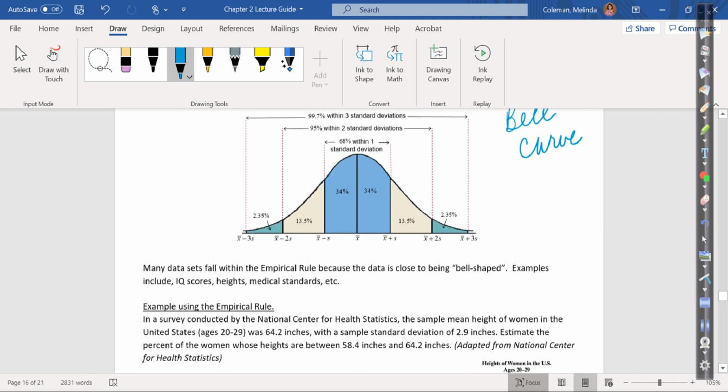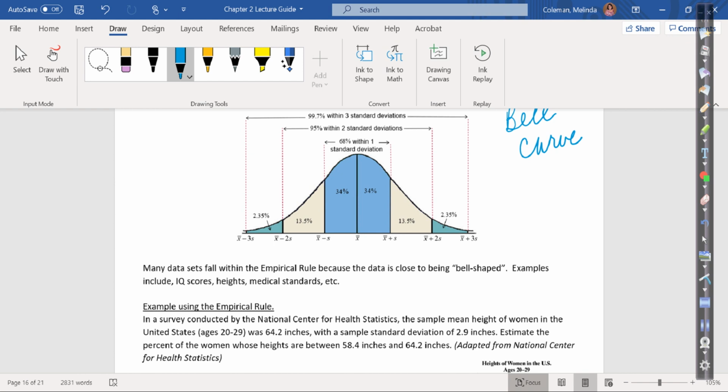A lot of the data sets that we're going to look at, a lot of data sets in real life, fall into a bell curve. They look bell curved when you put them together with their mean and their standard deviation. And so things like IQ scores, and that's why people will tell you whether you are above average IQ or below average IQ. It's all based on this standard deviation and the data that fits in there.